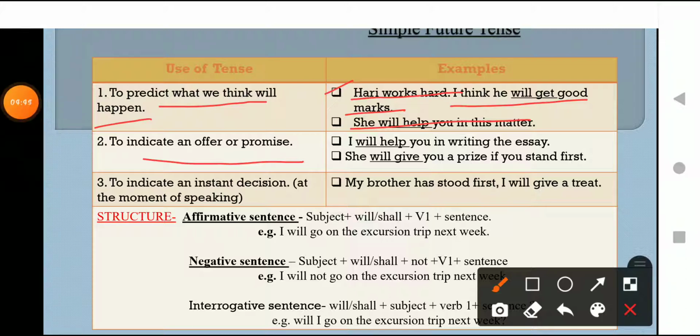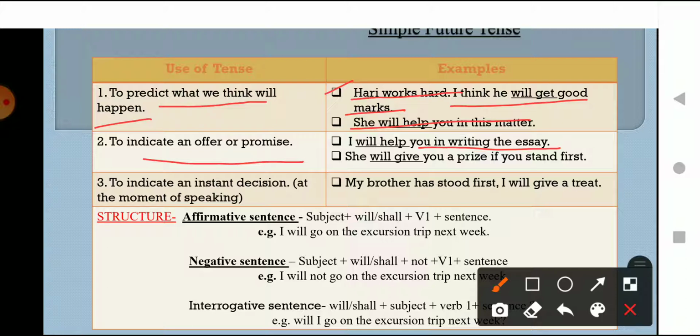Okay, let's see some examples. The first example is: I will help you in writing the essay. So what is this? This is an offer, or you can say a promise, that I will help you in writing the essay.